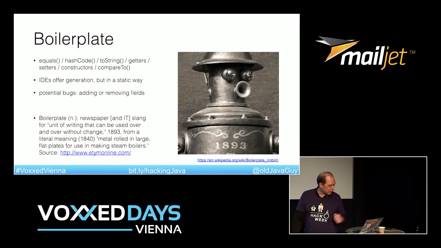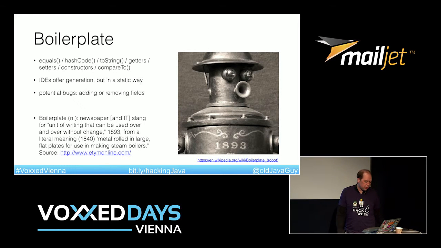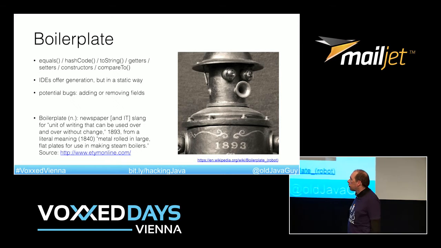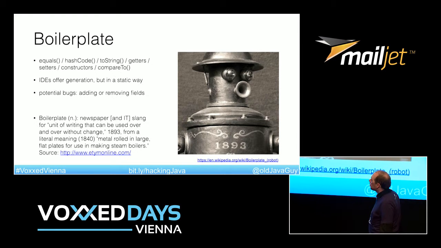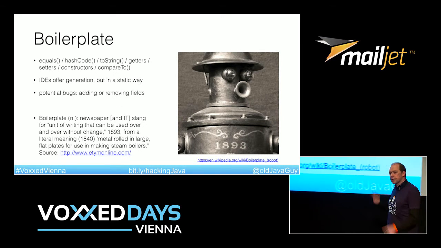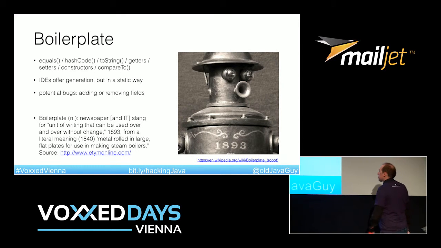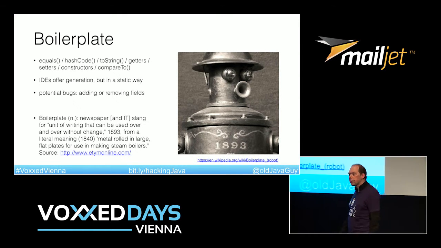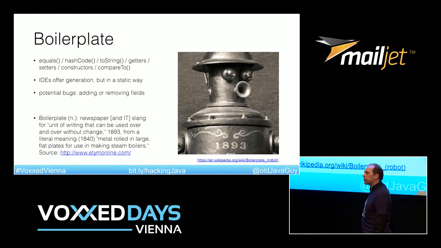So let's have a look at how we can actually reduce this boilerplate, because I know the IDEs will help you generate all this boilerplate, and perhaps if you're lucky, you'll find the IDE that does it exactly the way you like it to be implemented, because of course, as always, there are religious wars there. So in an equals method, you can go two ways.